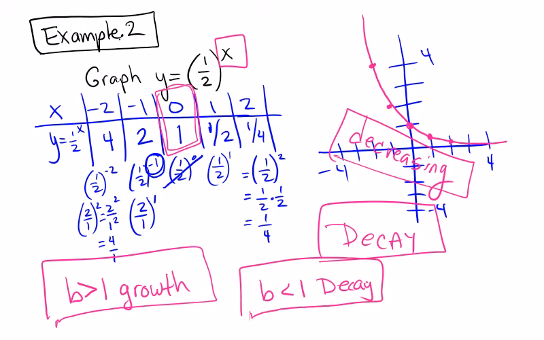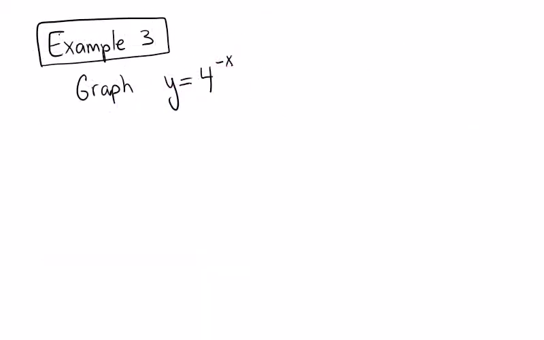However, you need to make sure that you are really looking at the equation. So for our final example, we're going to graph y equals 4 to the -x. If you notice in this case, we now have a negative with our exponent. It does not change our table.